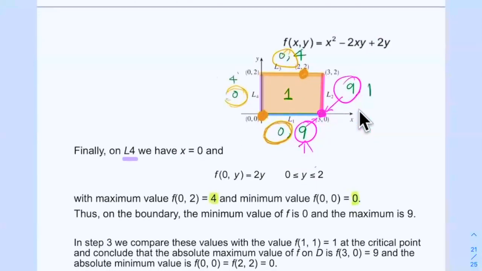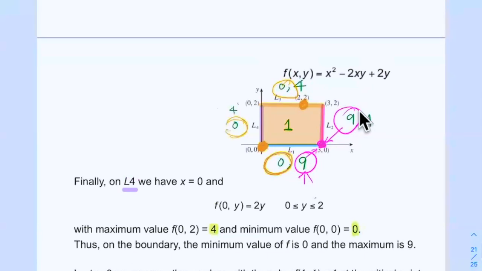Because all of those are either horizontal or vertical line segments, you're going to fix one of the coordinates and then substitute to find the max and min. So here I enter all the extreme values along each line segment.